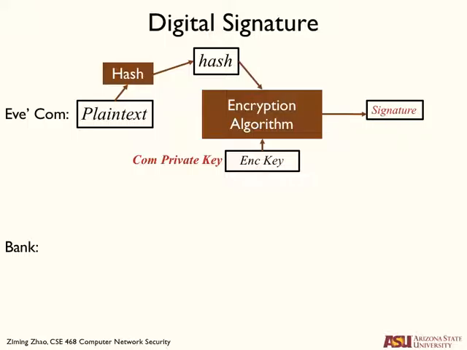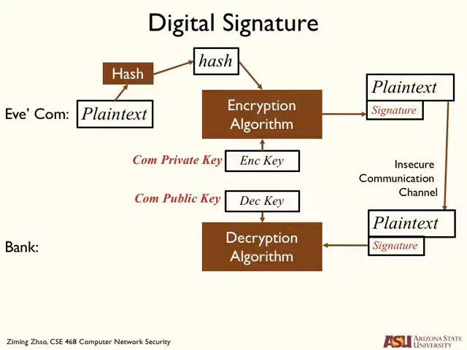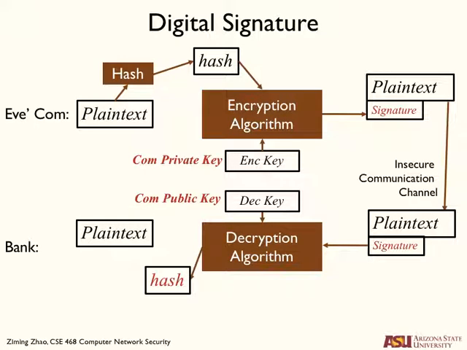So the signature in this case will be very small, just less than 20 bytes. Then you append this signature to the original plain text and send it over to the bank, and the bank will decrypt the signature using the company's public key, which will give the bank the hash value. And the bank also has the plain text.